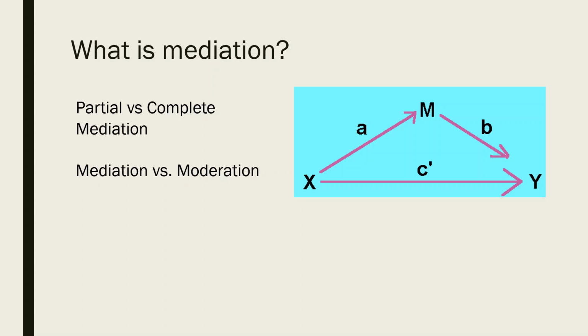So with reference to mediation, what mediation states is that the route from an independent variable to a dependent variable is mediated by a proximal mediator, such that this mediation, or this indirect effect, better describes the relationship between x and y than the direct relationship between x and y.